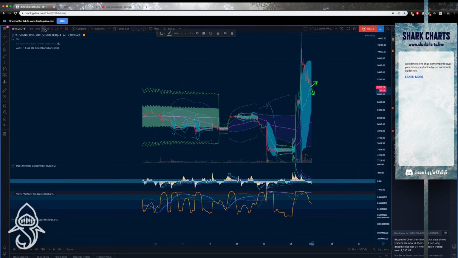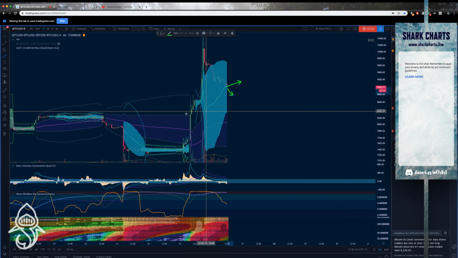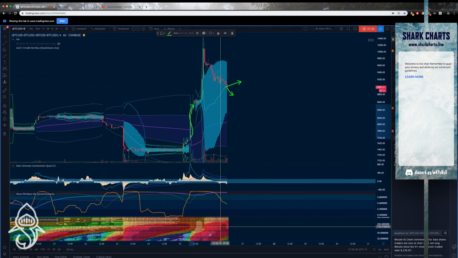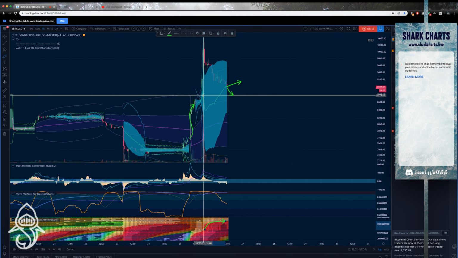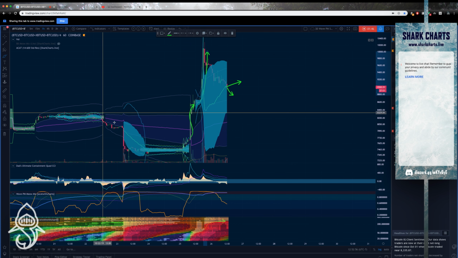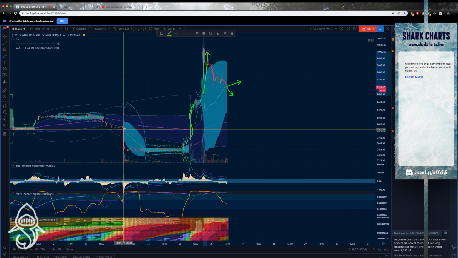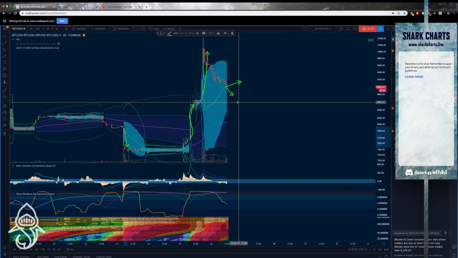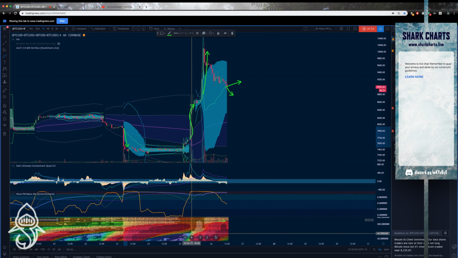The problem is we're getting this double expansion where you have the first plume of mass generation, which is here, and then the second one, which is this. And it makes it really hard to define trend if you don't have, one, just a consistent move, or two, you get this double expansion, right?